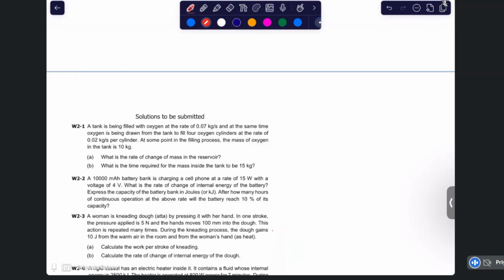At some point in the filling process, the mass of oxygen in the tank is 10 kilogram. What is the rate of change of mass in the reservoir? What is the time required for the mass inside the tank to be 15 kilogram?